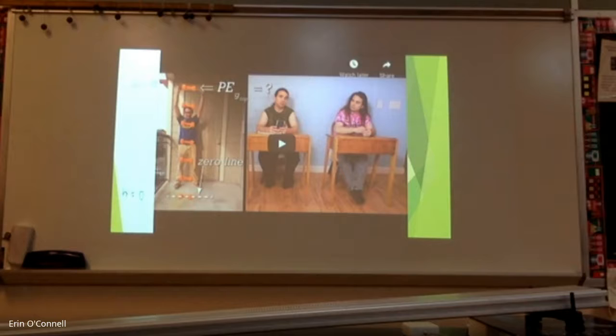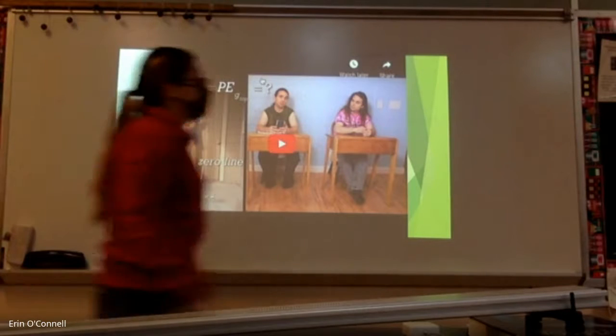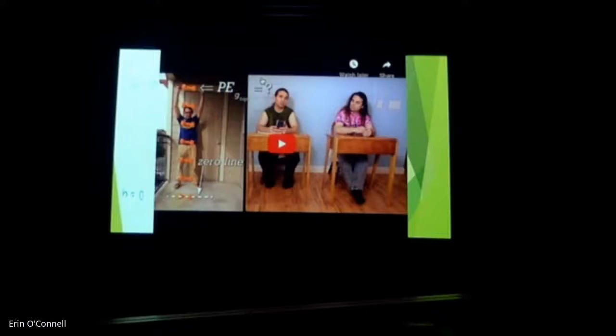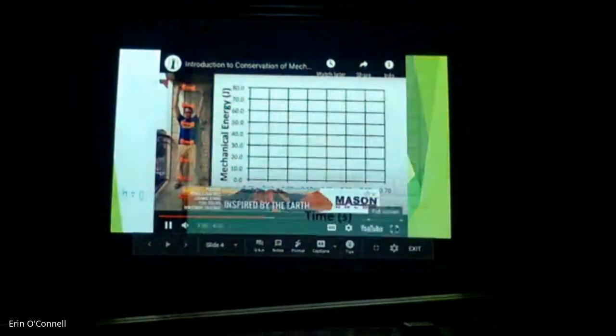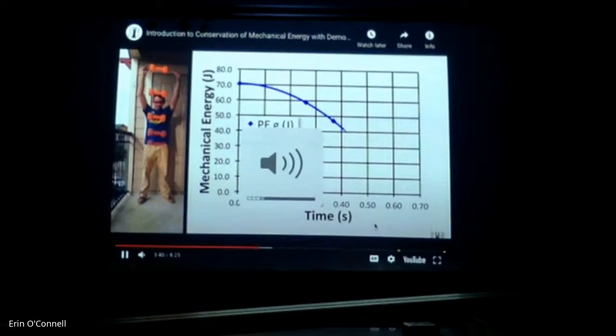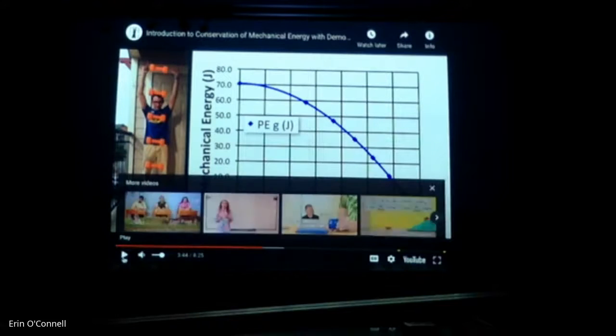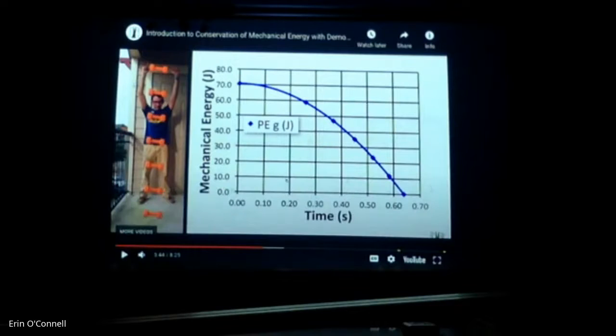Okay, so let's take a look at graphically what this would look like. Potential energy of the object as a function of time. Here's the mechanical energy over time graph.